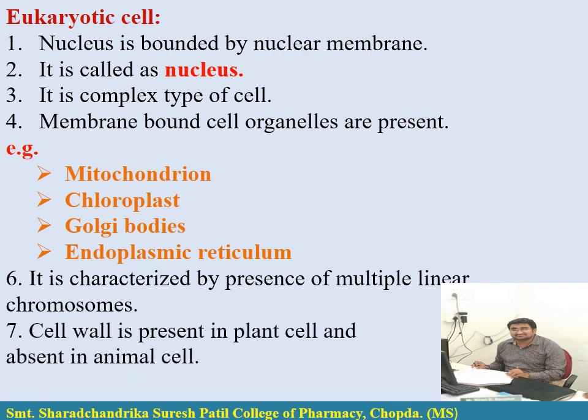Regarding the cell wall, in a eukaryotic cell the presence or absence of a cell wall depends upon the type of organism. If it is a protist, then usually the cell wall is absent. If it is a plant cell, then the cell wall is present and it is made up of polysaccharides, cellulose and pectins.